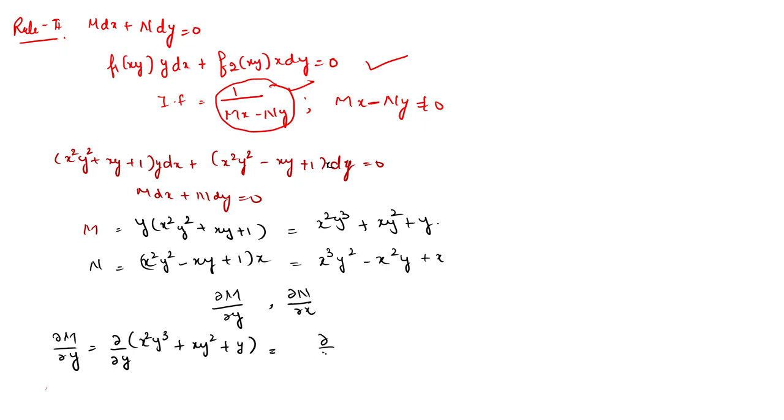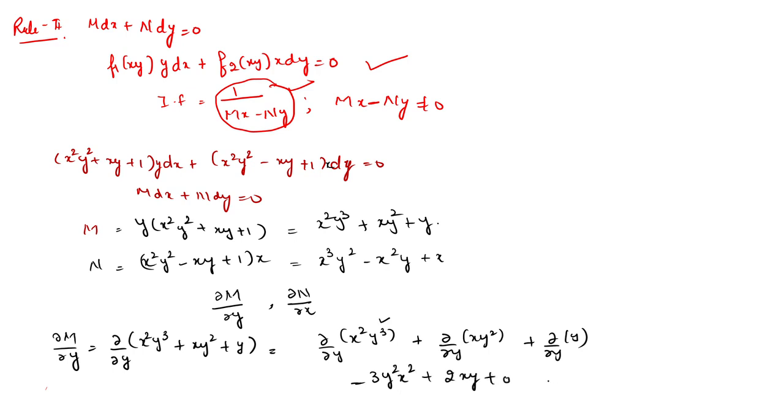So it can be derived term by term: x square y cube, xy square, and y. The derivative is 3y square x square, plus 2xy, plus 0. So 3y square x square plus 2xy is the value of our del M by del y.